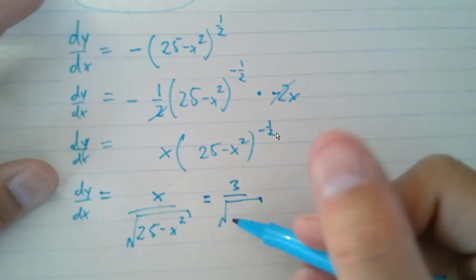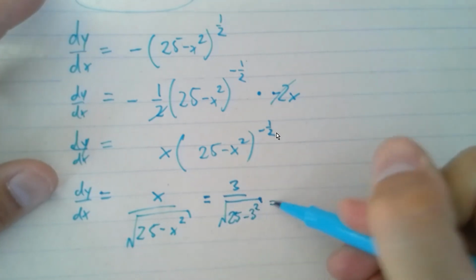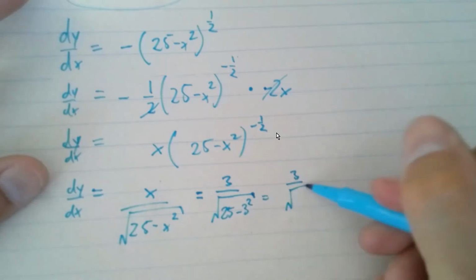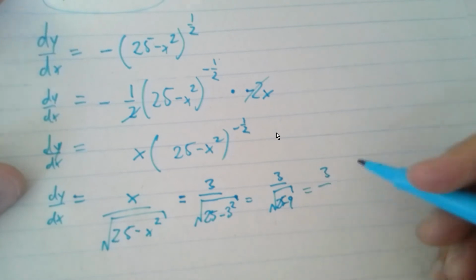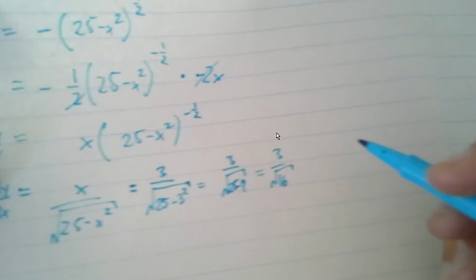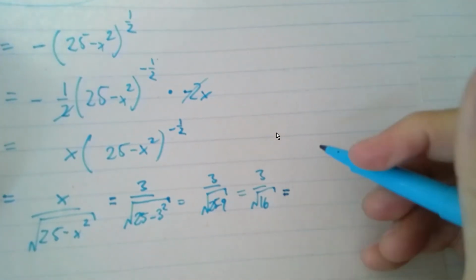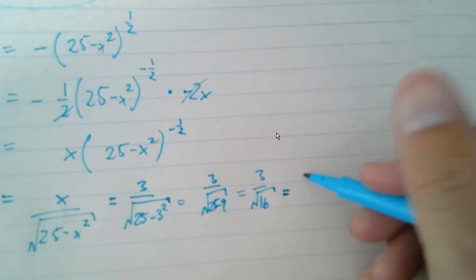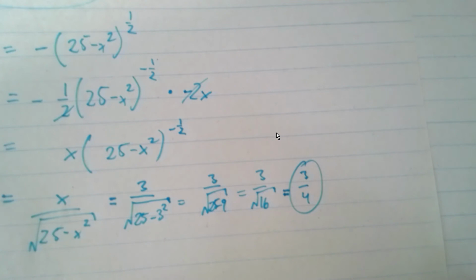I don't know. 25 minus 3 squared, which is 3 divided by the square root of 25 minus 9, which is 3 over the square root of 16. And don't worry if you differentiated this explicitly or implicitly. You're going to get the same answer. 3 over 4. I think I am missing a sign. I'm not sure if it was supposed to be 3 or negative 3 over 4.